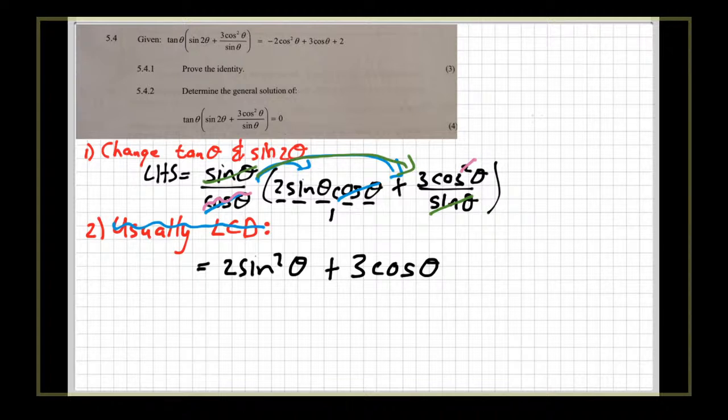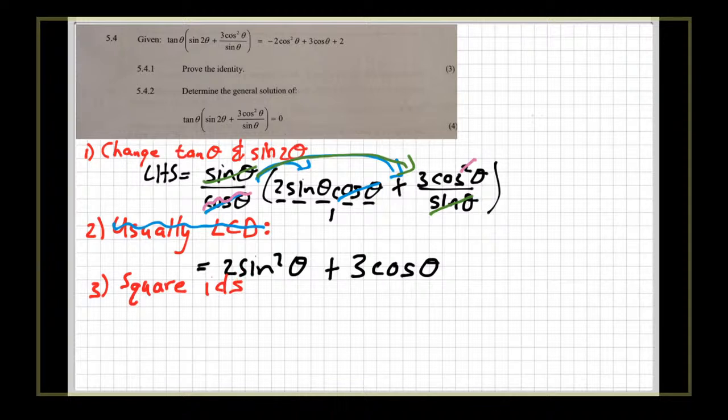We are sitting with an issue that my left is not equal to my right yet. So step 3 of my usual modus operandi would be to look for square identities, ladies and gents. I actually don't just make a sum bigger.